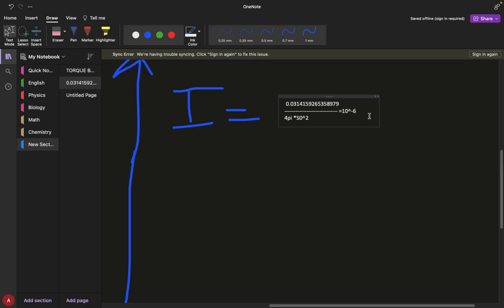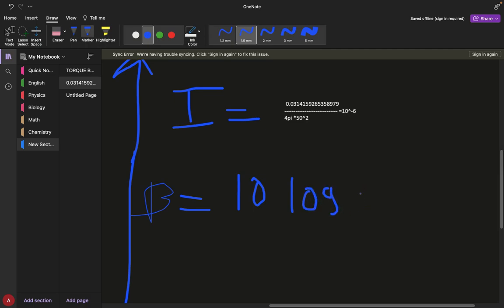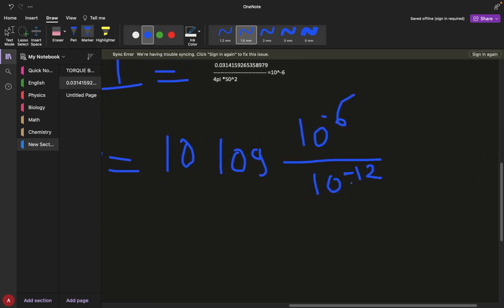Okay, copied that. And then plug it into the relative intensity equation, which says 10 log. Actually, never mind. Do you know what to do? Switch their places, okay? Because this is a negative, it's supposed to be up there, and this is a negative, it's supposed to be down there.